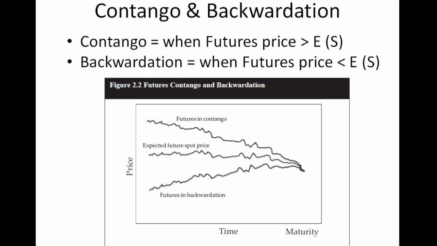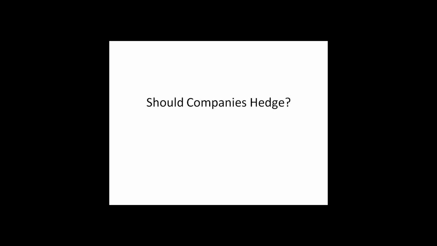It relates to storage costs, convenience yields, things that will cause an underlying to either trade in contango or backwardation. In most contracts, they have a way that they typically trade, like they might typically trade in backwardation, but once in a while they can then flip to contango based on market dynamics at that given time.